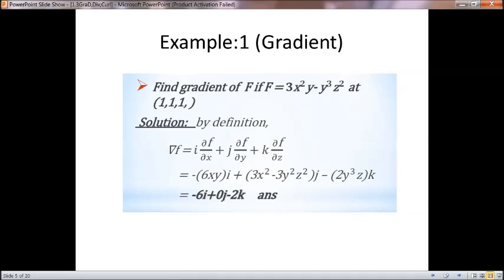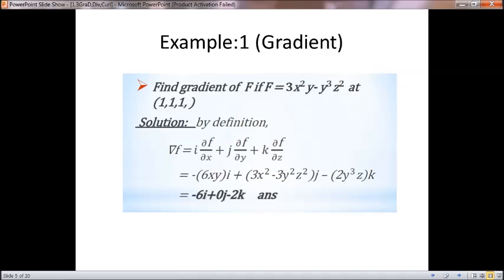So differentiating f with respect to x, it will give you 6xy into i vector, plus differentiating with respect to y, it is 3x square minus 3y square z square, and differentiating with respect to z, it is minus 2y cube z into k vector. So del f is minus 6i vector plus 0j vector minus 2k vector is the answer.